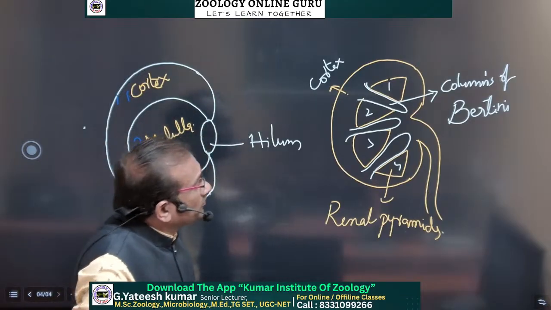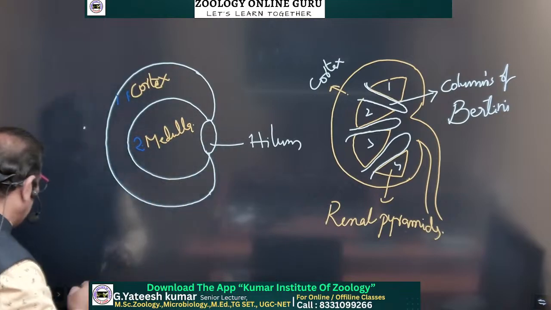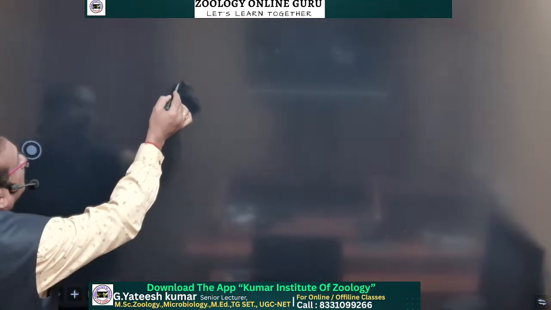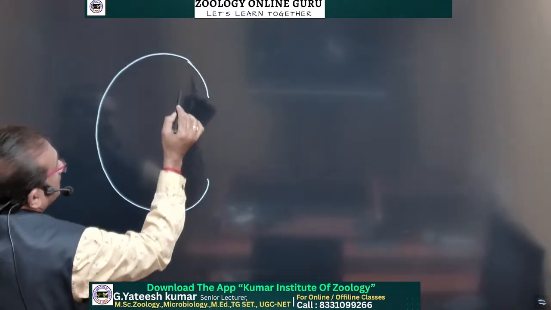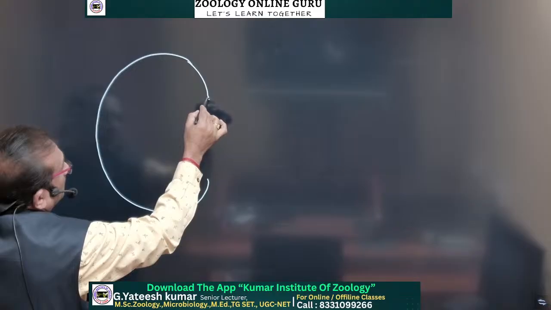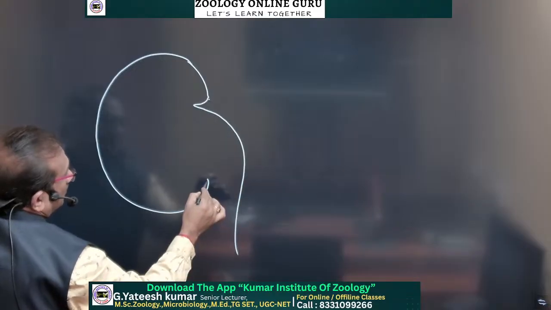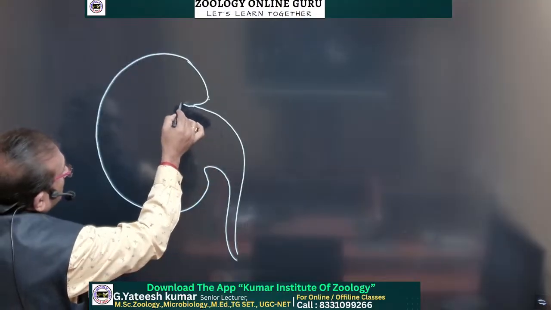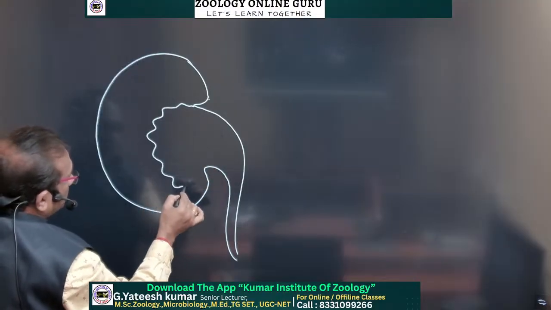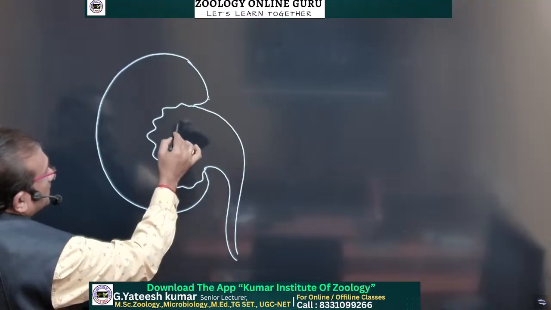Okay. Now coming to the pelvis. So this is the kidney, suppose. Here the portion is very broad, a chamber is there.